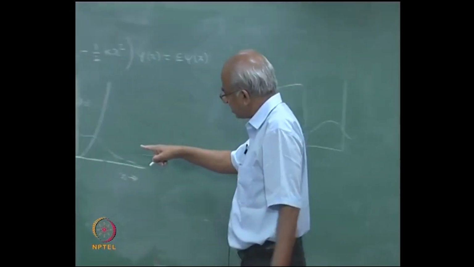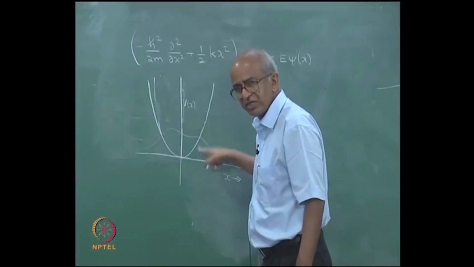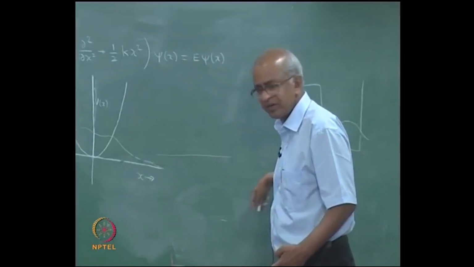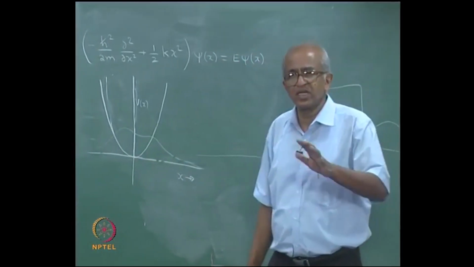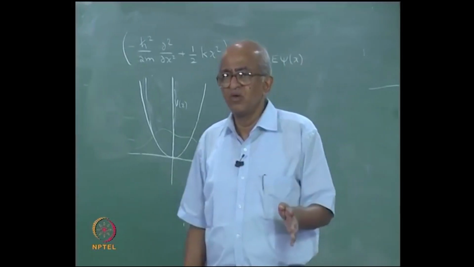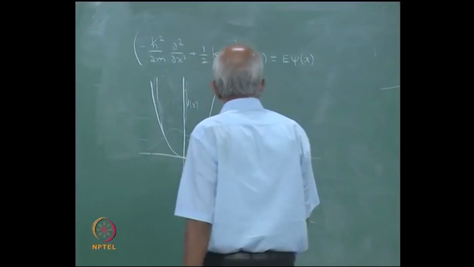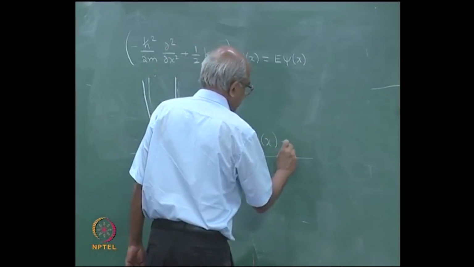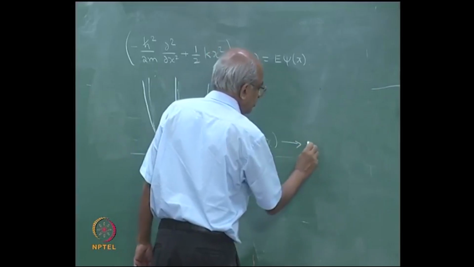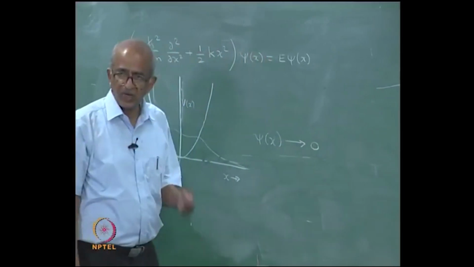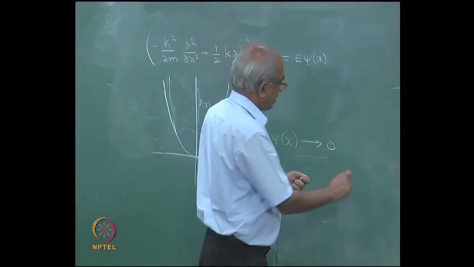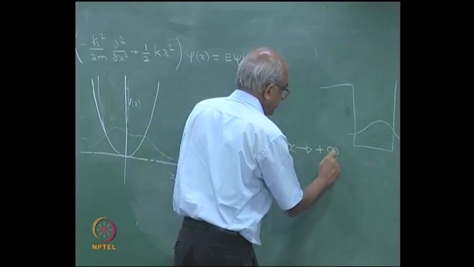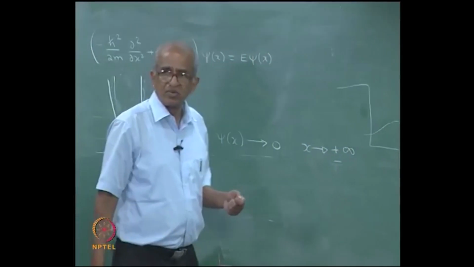Similarly, here also I would expect that the wave function will penetrate into this region, but I would expect that at infinitely far away from the equilibrium position, the probability will definitely vanish, and therefore, I will have to solve this equation subject to the condition that psi of x has to approach 0 when x approaches infinity, not only plus infinity, but also when x approaches minus infinity.